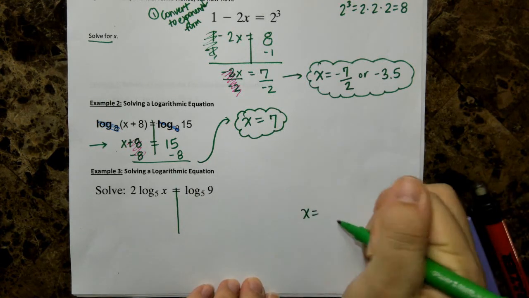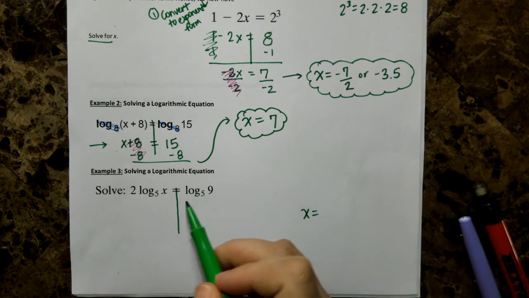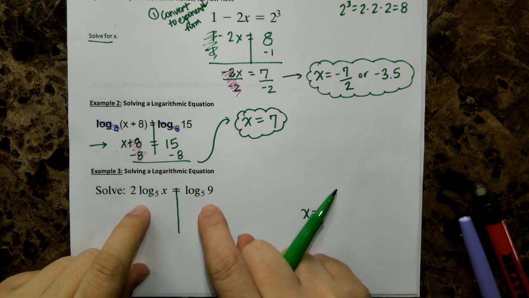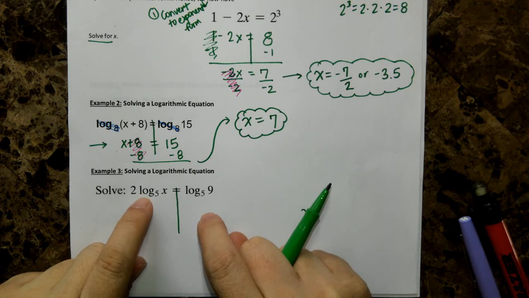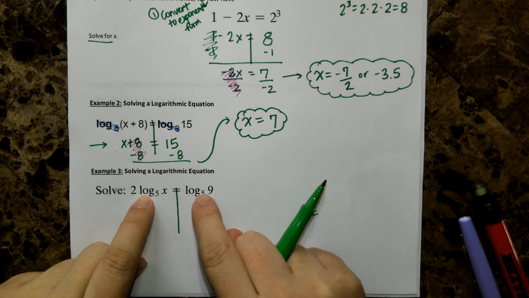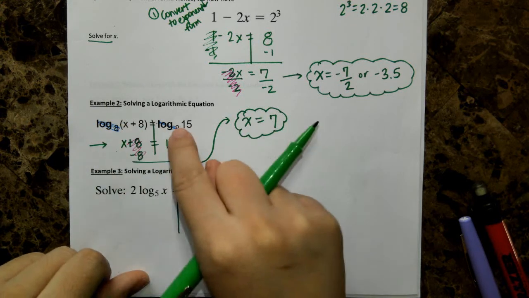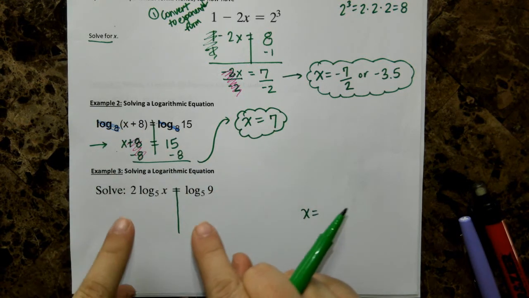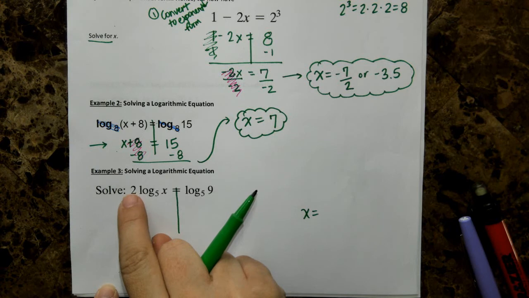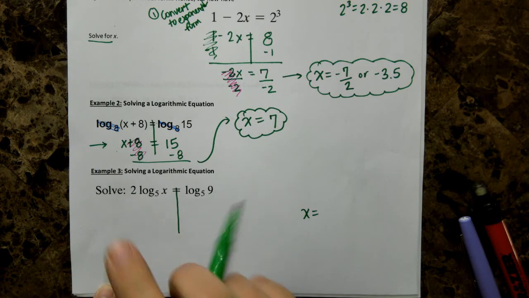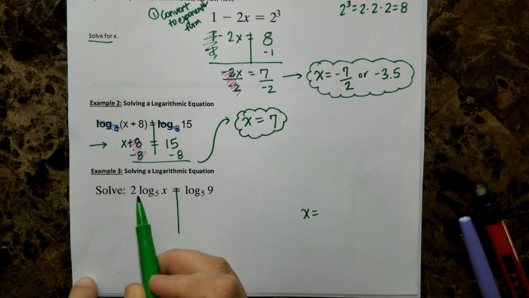X equals what? Well, the first thing we would do is notice that there's two logarithms in this equation, one on each side, log base 5 on this side, log base 5 on the right-hand side. So it's similar to example 2 where you can just cancel them out, but you can't do that if there's anything outside the logarithms. There's a 2 on the outside of this logarithm on the left-hand side.